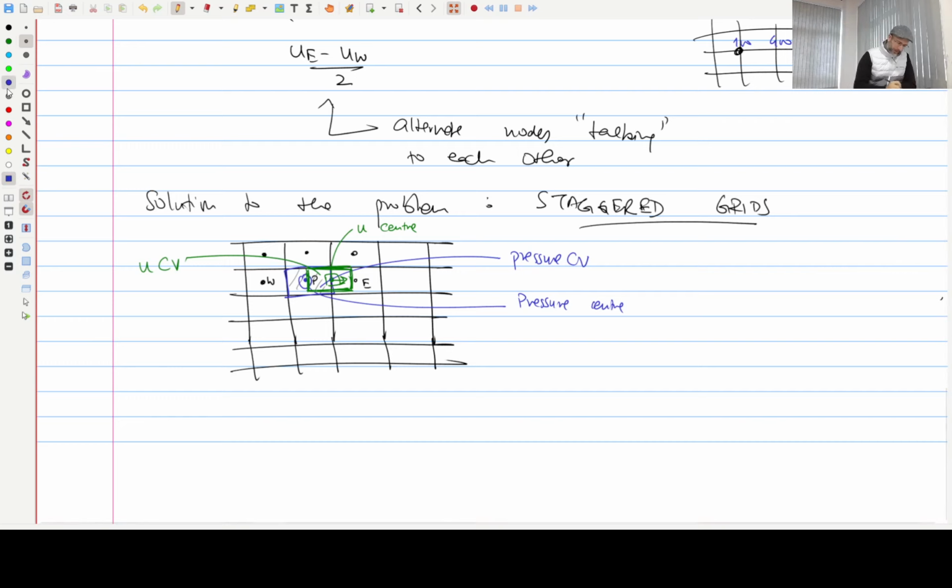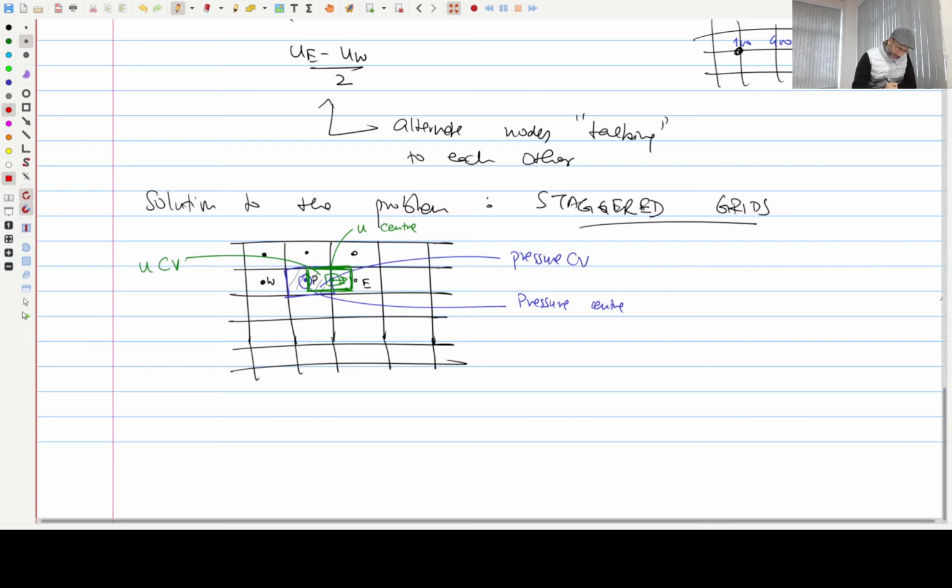For y velocity, this is the v control volume, and v is defined at this point. So this is the v center.